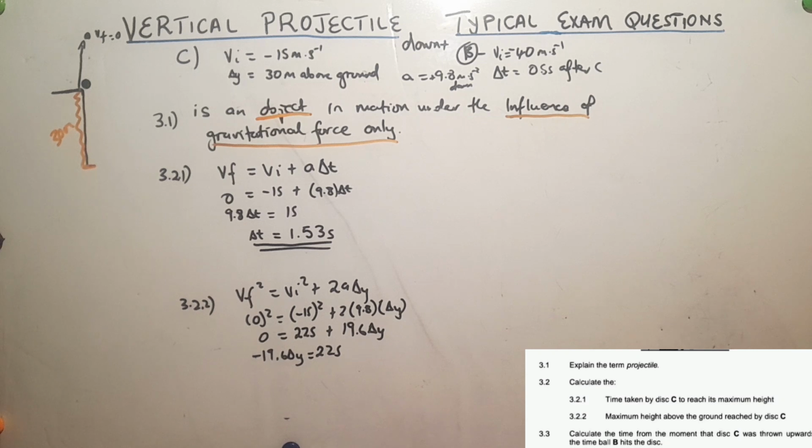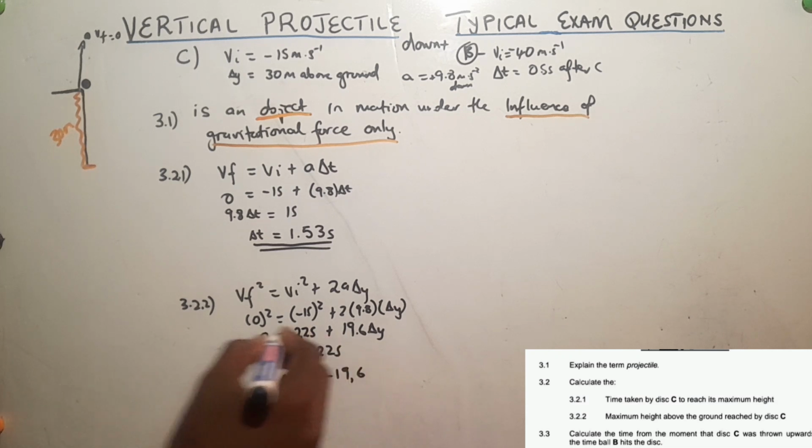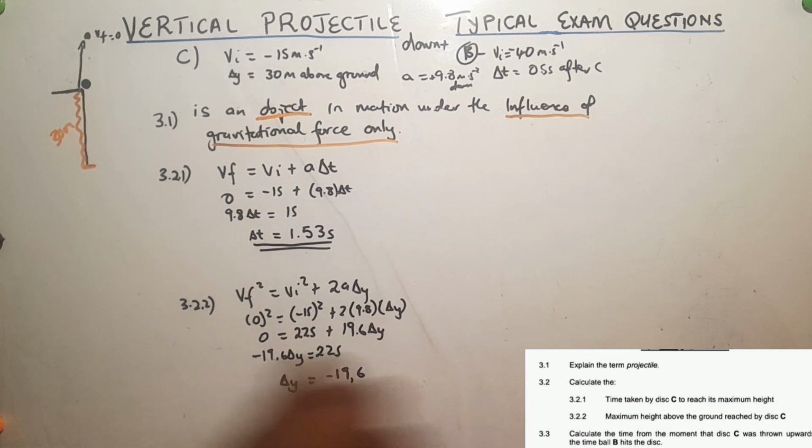And dividing both sides by negative 19.6, so it means that now our changing y becomes, after using a calculator, negative 11.48 meters.